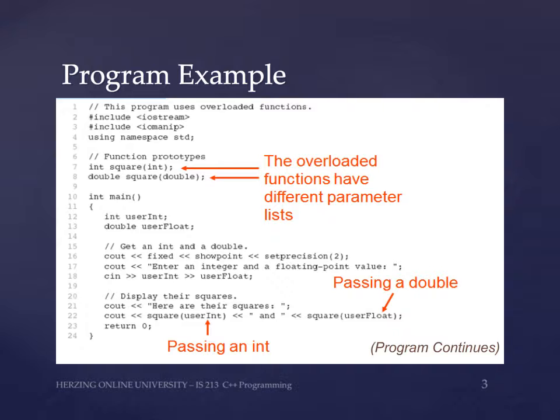In this example, user int was an integer, so you know that you have to call the square function that has an integer type, and the square function that has user float type, or double type.